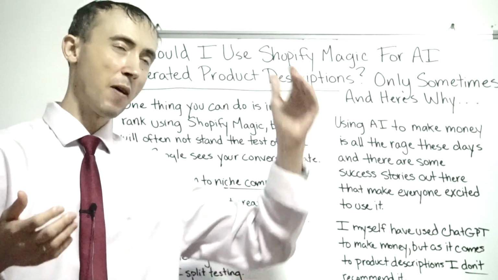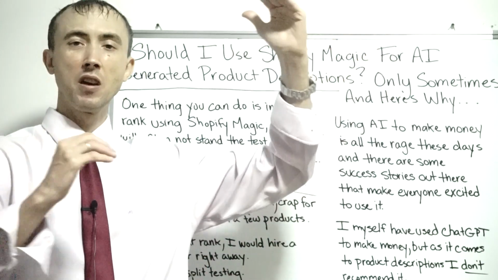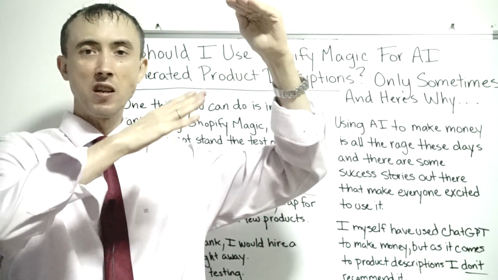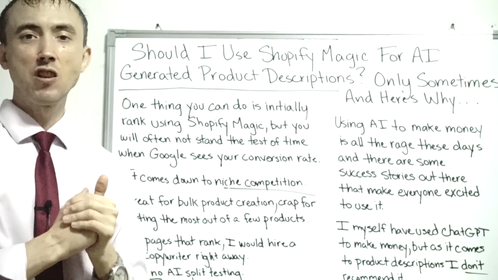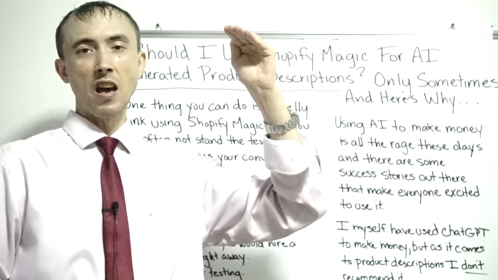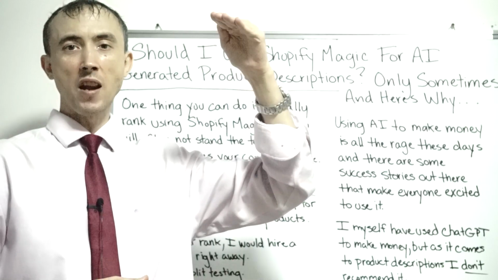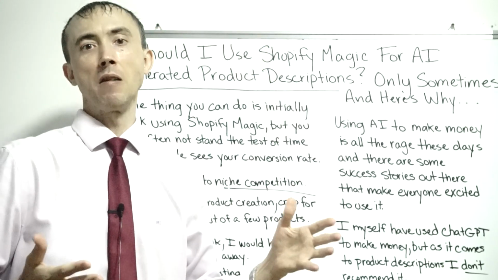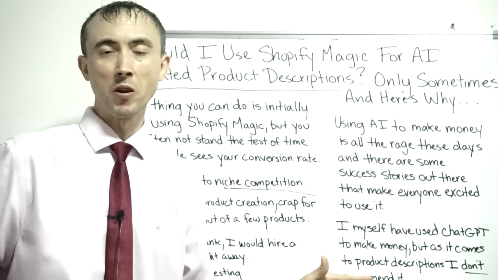But if I could put this in perspective, if the product description was a 10 on a scale of 1 to 10, what the AI-generated descriptions are going to do for you is give you like a 3 out of 10. The really good product description copywriter can bring you to a 9.9 out of 10 if you hire the right one. So why would you settle for a 3?